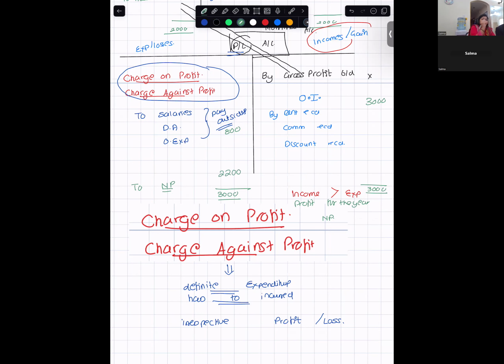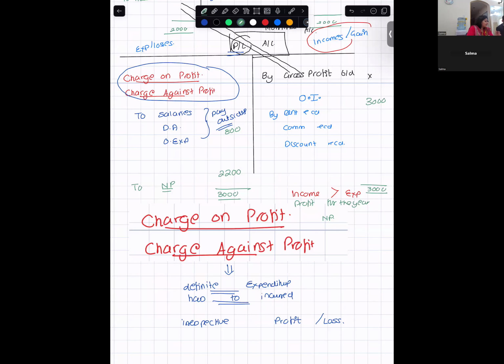Okay. So when I say it is a charge against profit, or a charge on profit, it usually is an expense that has to be incurred and it is payable to outsiders. Are you with me? Say there is a charge on profit or charge against profit, the expenses usually belong to whom?